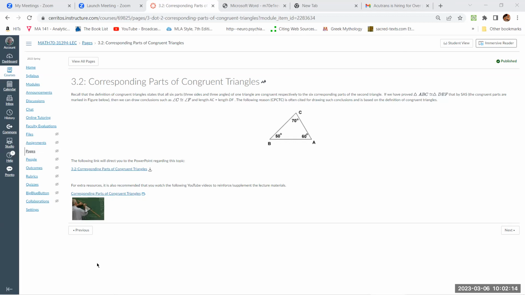Here is an example proof, so you can see how this works. Given that WZ, I don't see it. You don't see it? Okay, let me share screen again and make sure that I'm sharing the slides.